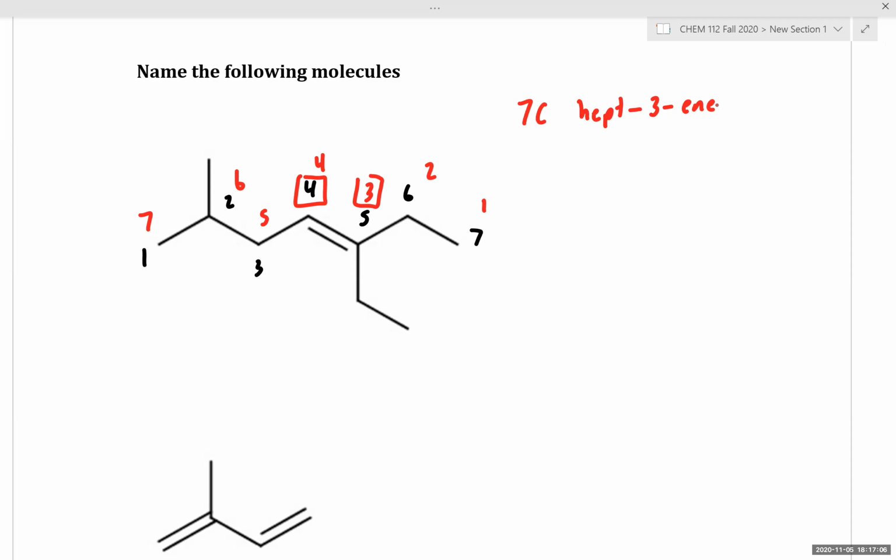Now, my question to all of you is, what in turn are our other substituents? What substituents do we have and what carbon locants are they at? What are each of our substituents and their locant numbers? Let's name them out.